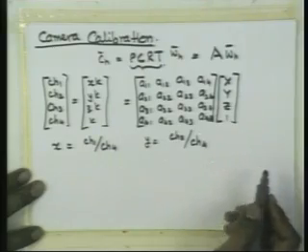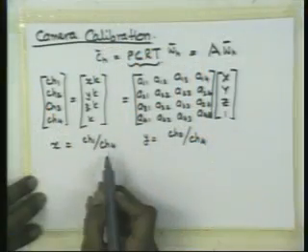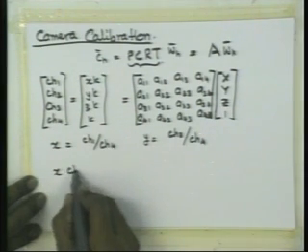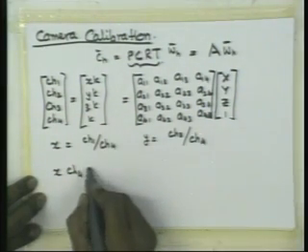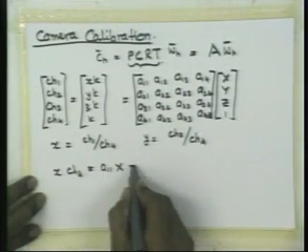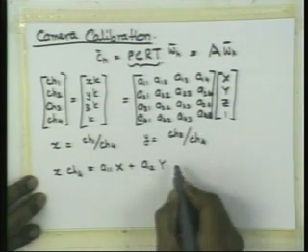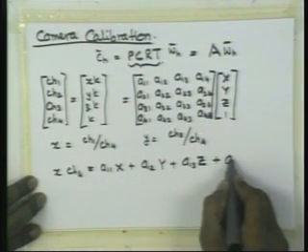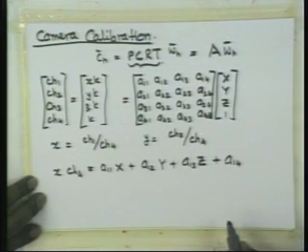Okay. Now let me multiply this right hand side out. So I will get CH1, which is nothing but x times CH4. Let me write the first row as x times CH4 equal to A11 times x plus A12 times y plus A13 times z plus A14, right.